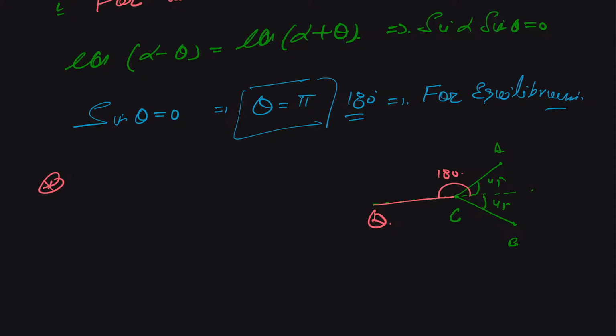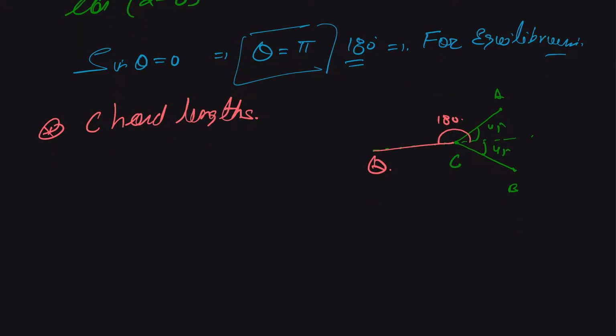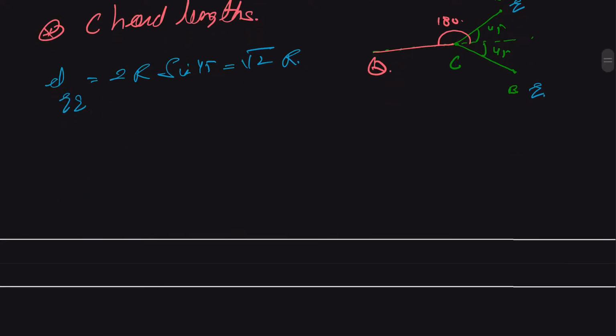So we can say chord lengths. The chord length between the charge, this is a charge Q and this is also charge Q. So we can say this as dQq will be equal to 2r, and the angle is 90 degrees, so this will be coming as sine of 45. So this will be square root of 2 times r.